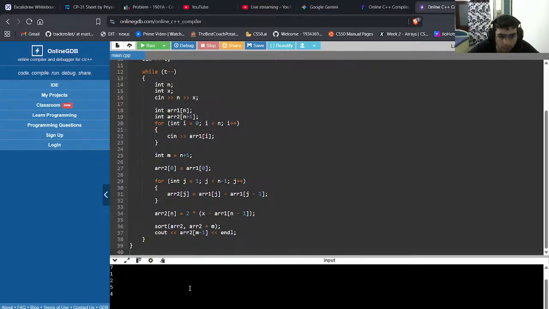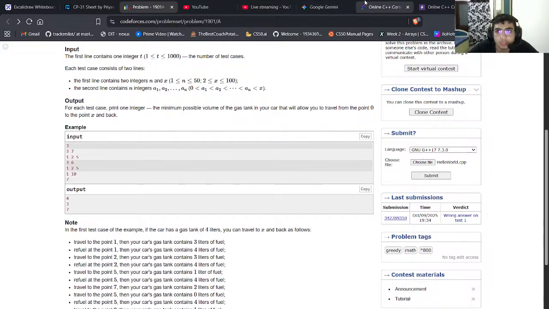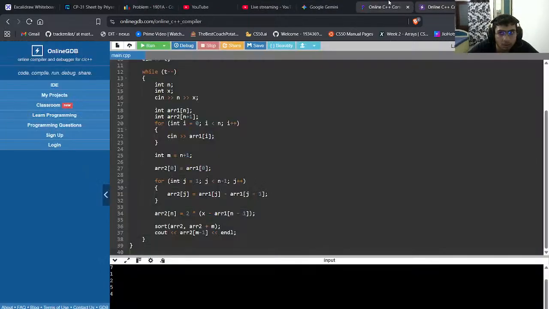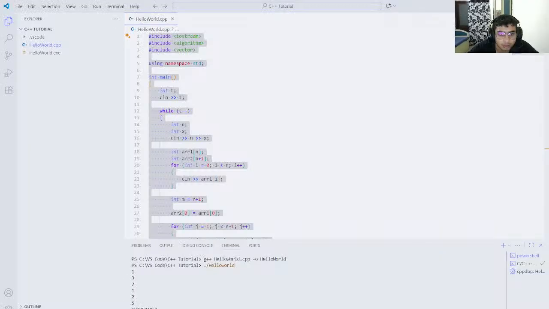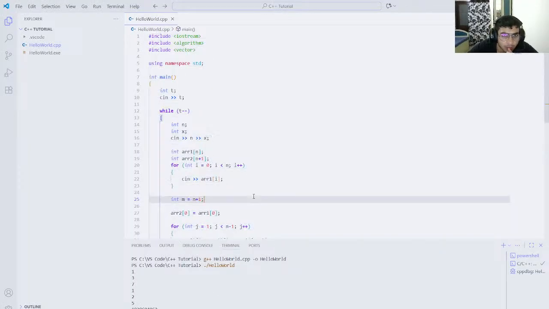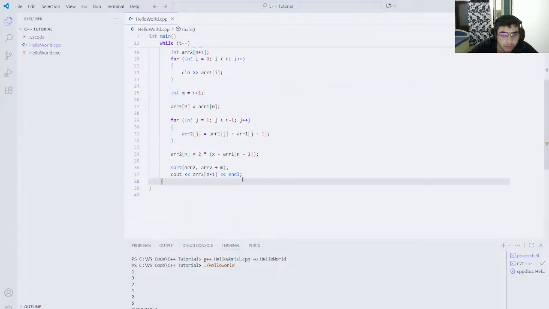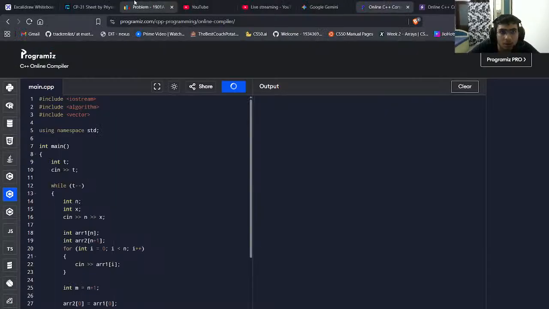Four is not the right answer, or is it? Yes, four is the right answer. I think there might be some problem with this. So let's just try submitting this, because in the last one I had not.